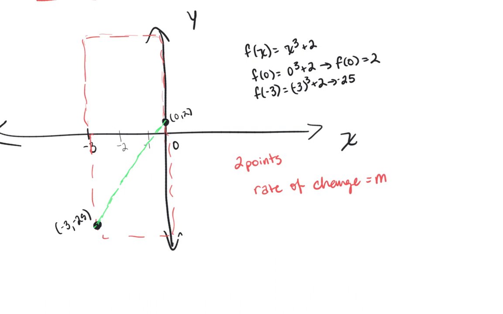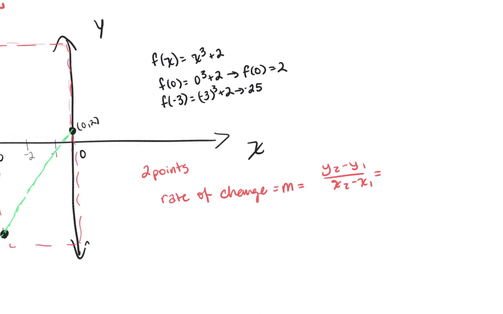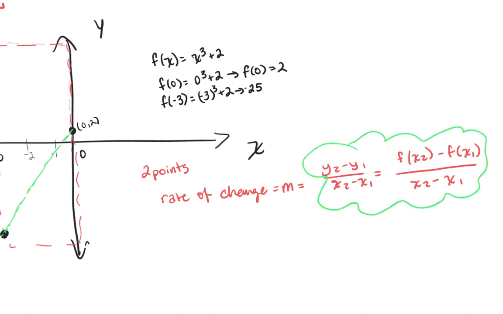And what did we say about finding m from 2 points? That's just y2 minus y1 over x2 minus x1. And in this case, that would be f of x2 minus f of x1 over x2 minus x1. These are the exact same thing, just written in slightly different manners.